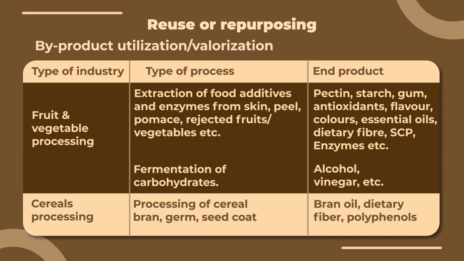Then the fermentation of carbohydrates from fruit and vegetable sources can also be utilized for the production of alcohol or vinegar. And from the cereal processing units, we can have byproducts like brans, germs or seed coat, which can be processed into value added products like bran oil, dietary fiber, polyphenols, etc.